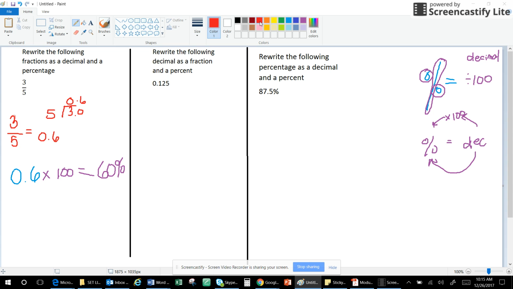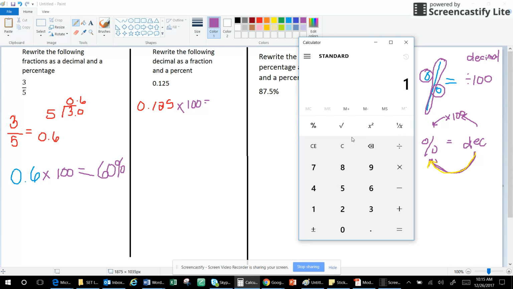And again, if we're going from a decimal to a percent, I'm looking over here on the right again, decimal to a percent, I'm going to multiply by 100. So let's go ahead and multiply this by 100. And we would get 0.125 times 100 is 12.5%.